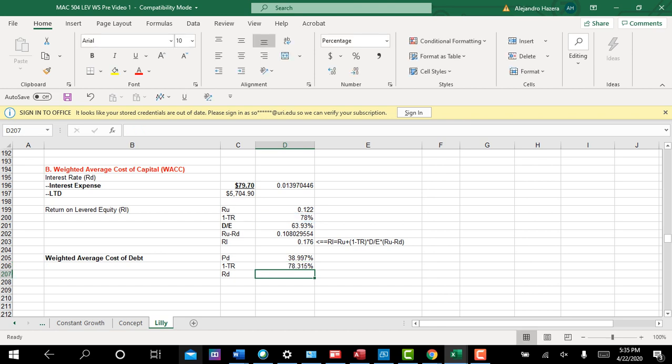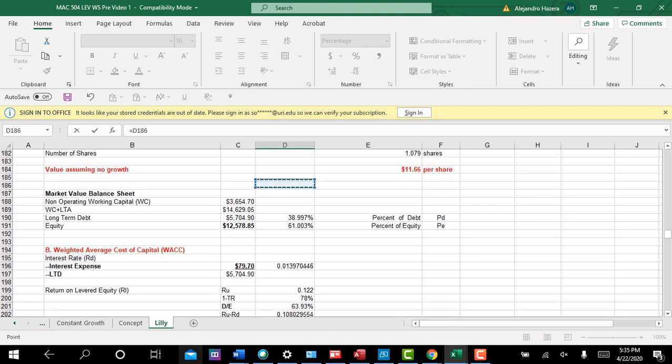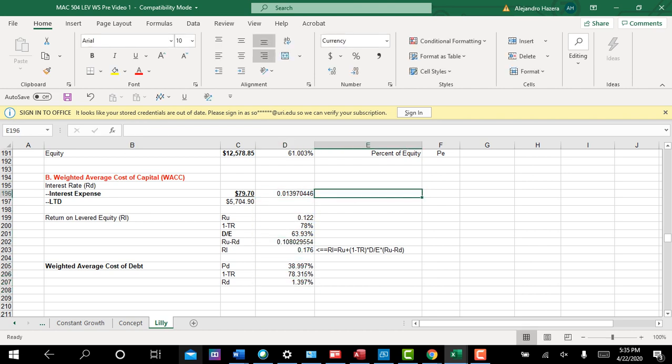I'm hoping that I don't get circular reasoning on that thing. Otherwise I'll just change it manually. And then the final thing is my return on debt, which I calculated going down here, which is this number right here. That's your return on debt right there, RD. It's your interest expense.